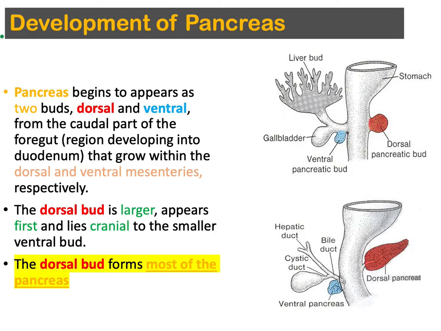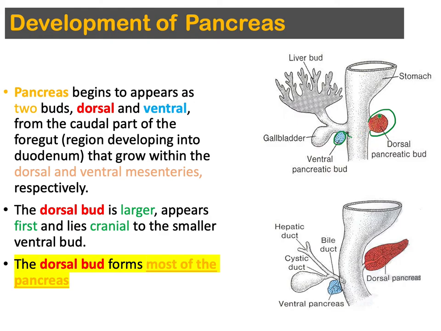One of the most interesting structures also developed from the foregut is the pancreas. The pancreas develops from the caudal part of the foregut, and it appears as two buds: a small ventral bud, and a large dorsal pancreatic bud.